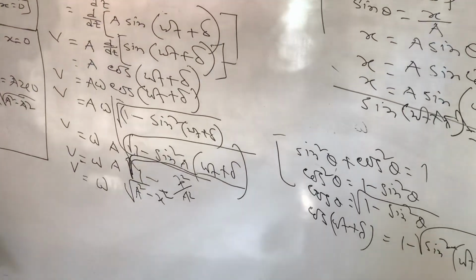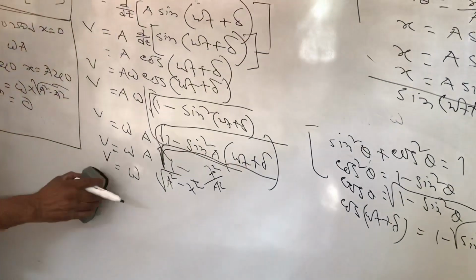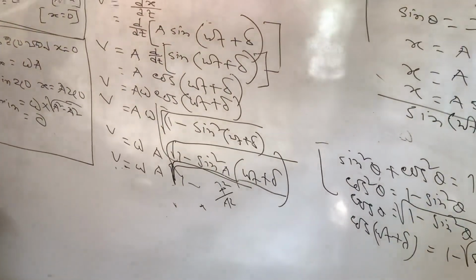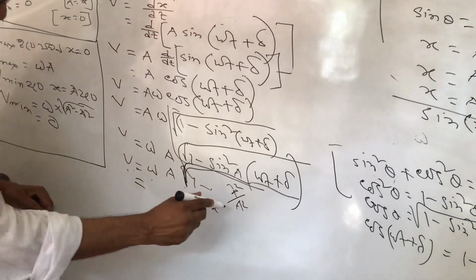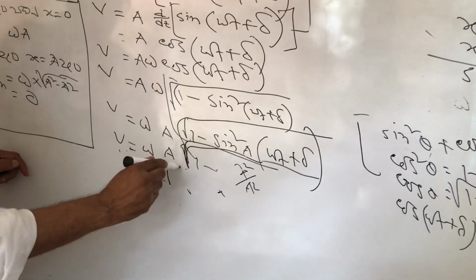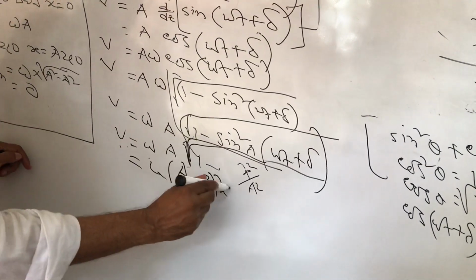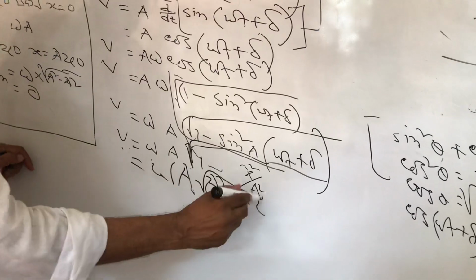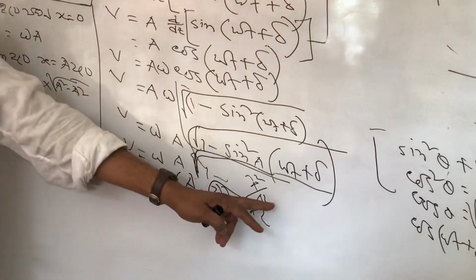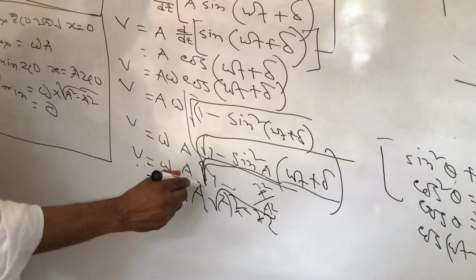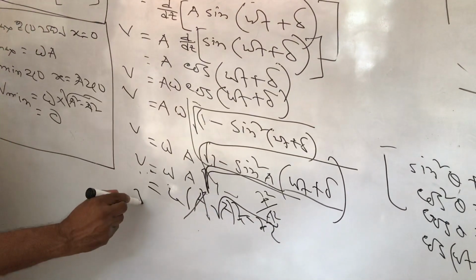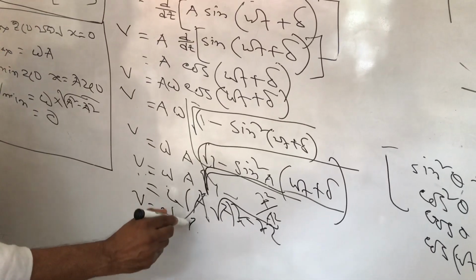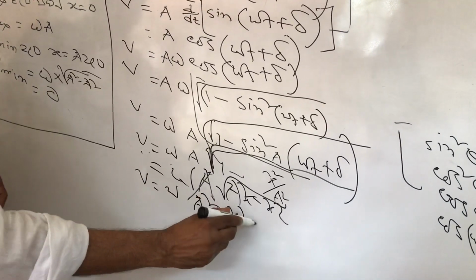According to the calculation, A square cancels inside the root, and we have v equals omega times the square root of A square minus x square.